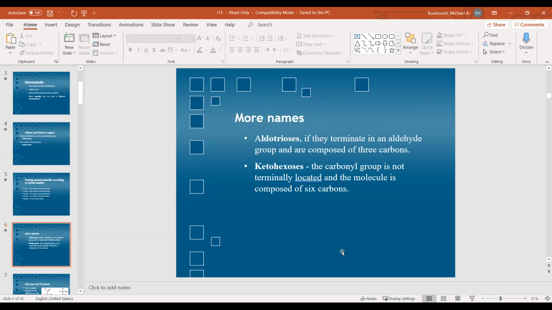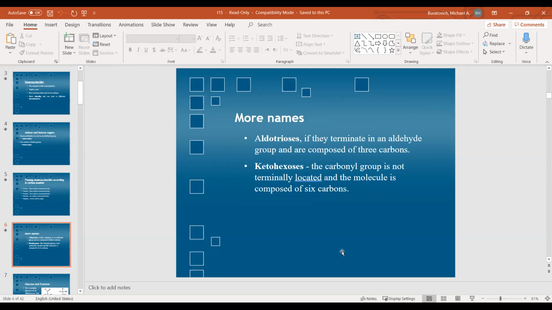And if you have a triose, that's an aldose. You have an aldotriose. If you have a pentose, that's an aldose. You have an aldopentose. If you have a 6-carbon sugar, that's a ketose. It's a ketohexose, and so on and so forth.